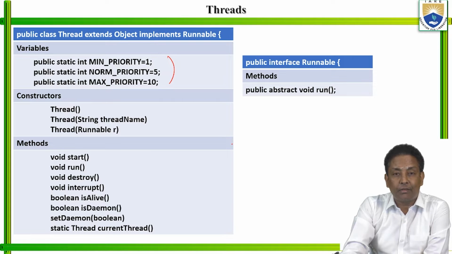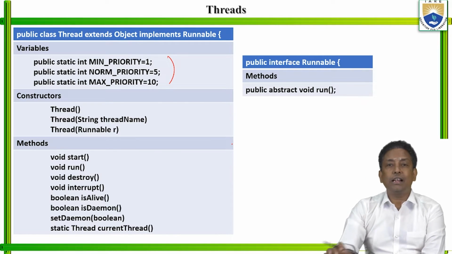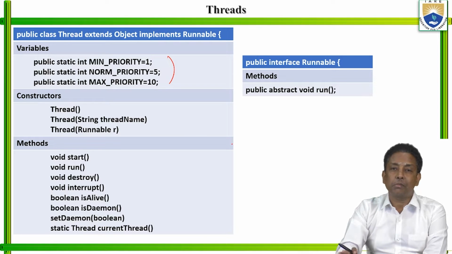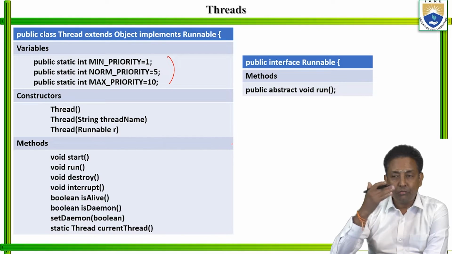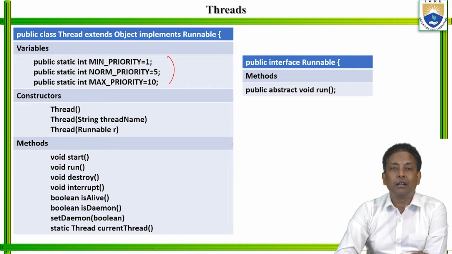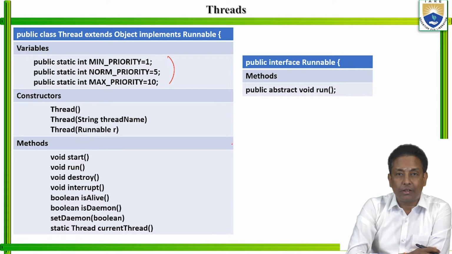So as a developer, we need not worry about the integer value of minimum priority, normal priority, or maximum priority. We can directly use these priority variables in the thread class setPriority method to increase or reduce the priority of the thread's execution. And all these 3 variables are public static final int variables.